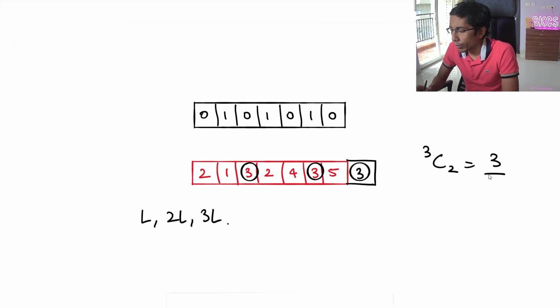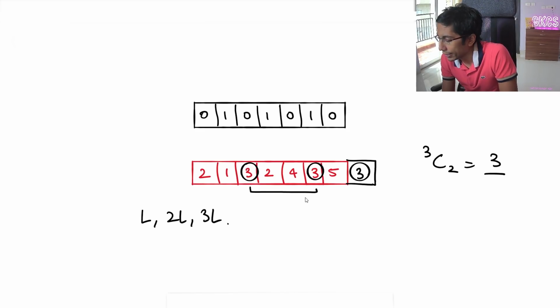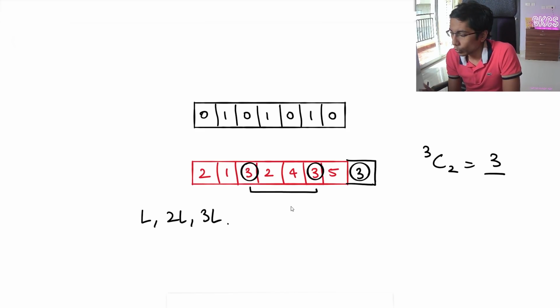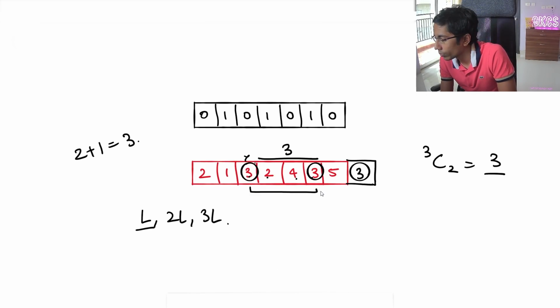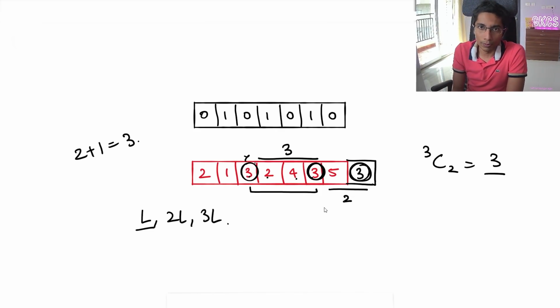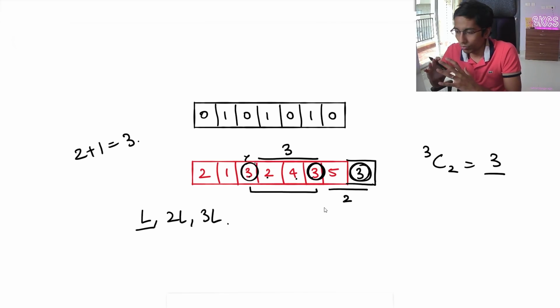But that's not right, because the length of this subarray is equal to 2, because you will be excluding this element. So L in our case was 2 plus 1, which is 3. Here you have 1, 2, 3, 4 minus 1, which is equal to 3. That is the subarray here. On the other hand, over here you are taking this subarray when you're looking at this 3 and this 3. The length of that subarray is equal to 2, which is not a factor of L in our case.